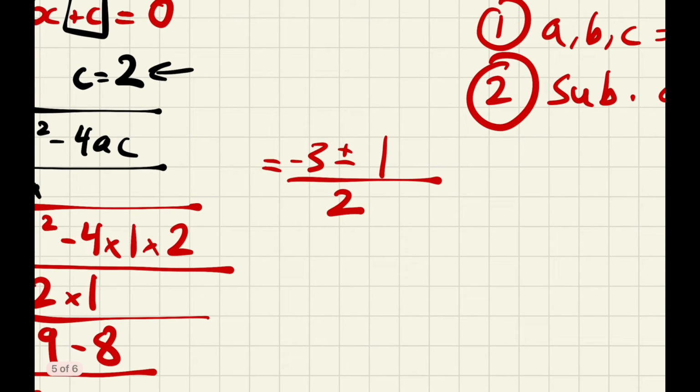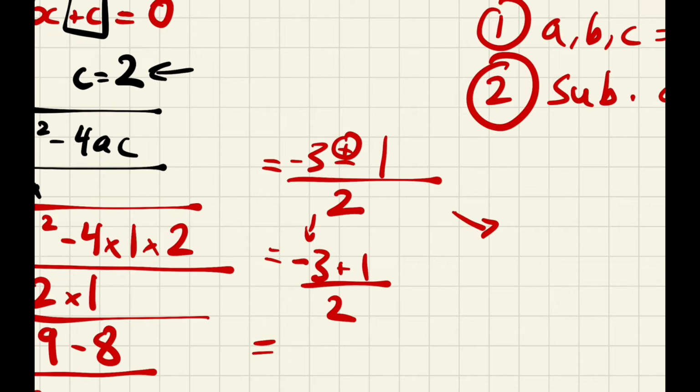And from here, what we do is we then separate our answers into the two possibilities. Possibility 1 is that we use our plus symbol, and possibility 2 is using our minus symbol. So let's use the plus first. Then we'll have minus 3 plus 1 all over 2. We know minus 3 plus 1 is equal to minus 2. Minus 2 divided by positive 2 is minus 1.